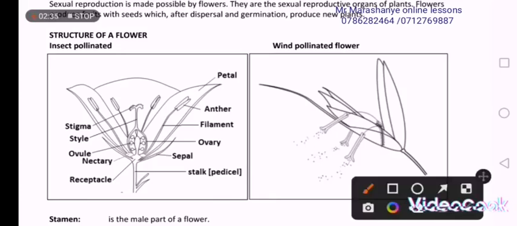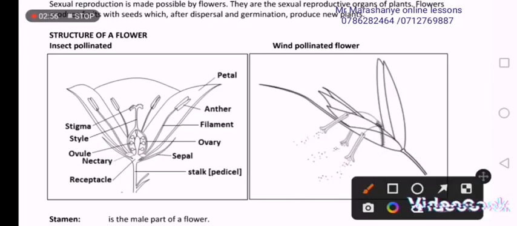So for you to know what we are talking about when we say wind pollinated flower and insect pollinated flower, you need to know what pollination is. Pollination is just the transfer of pollen grains from the anther to the stigma of a flower. Pollen grains are produced by a part of the flower called the anther.